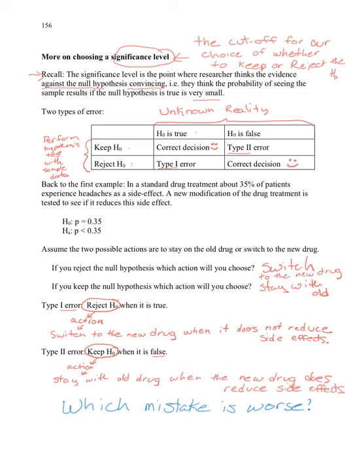Does the new drug work as well in the actual treatment of the problem being treated? What's the cost of the new drug? So a lot of these things would have to be factored into determining which one of these mistakes was worse, the type 1 error or the type 2 error.